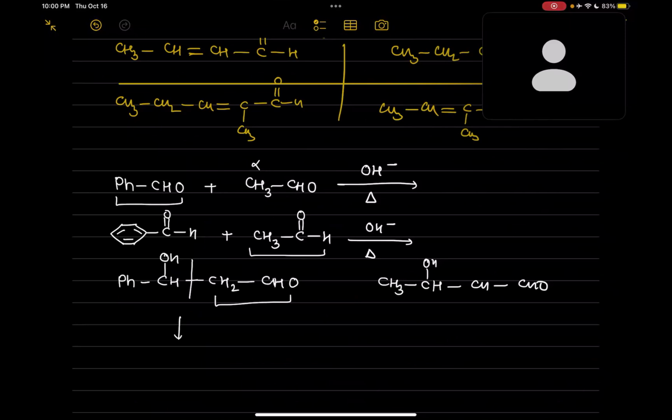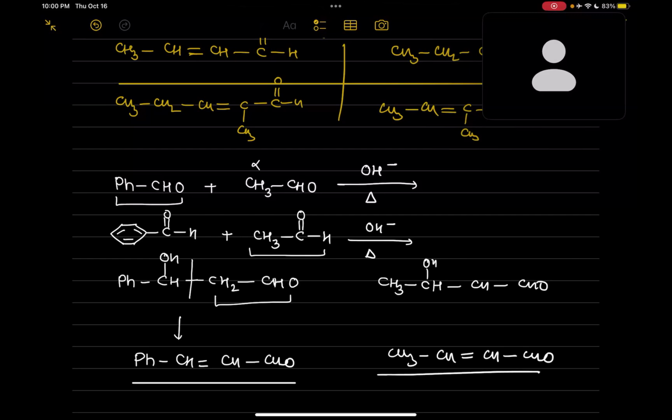So ultimately, you will have this as your product. Got it? Yes, sir. This is the crossed, and this is the self, crossed aldol and self aldol condensation reaction.